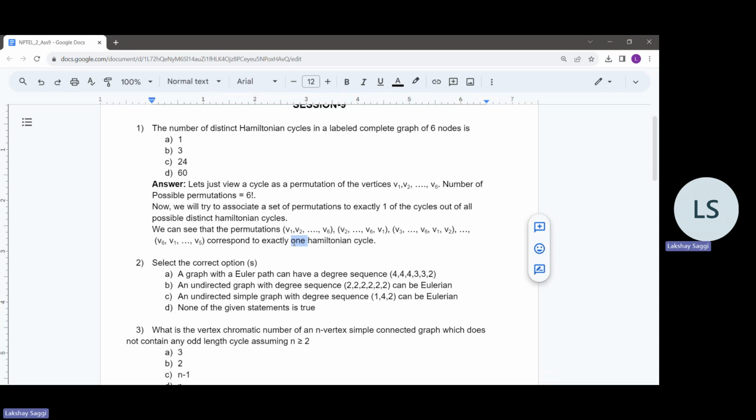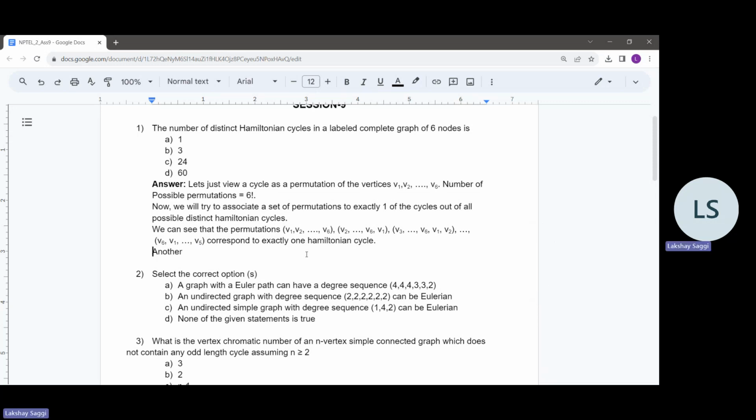But note that we are still not done here, because there is another observation. We need to find the number of distinct Hamiltonian cycles, and we know that V1 to V6 forms a cycle. What I'm trying to claim is to consider the cycle formed by the vertices in the reverse order.